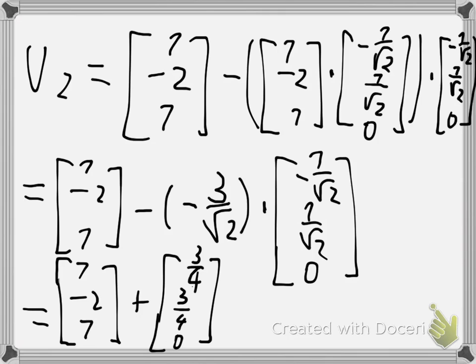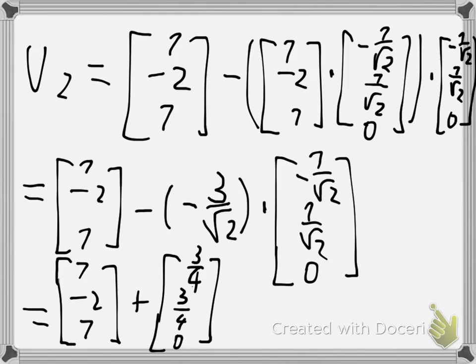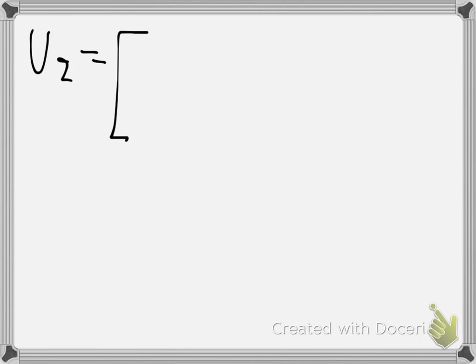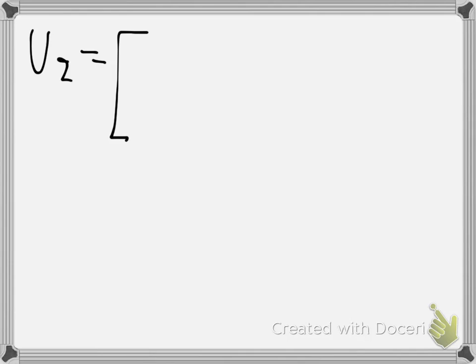And so we should get that U2 is equal to 7 over 4. No, I forgot that there is a minus 1. So we should get 1 over 2, I think.